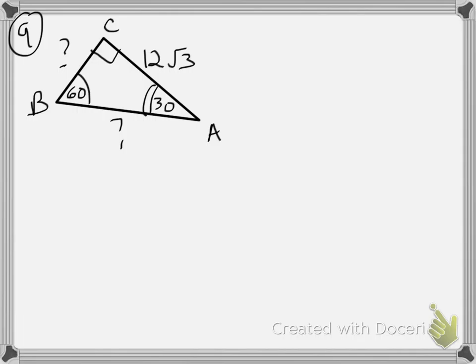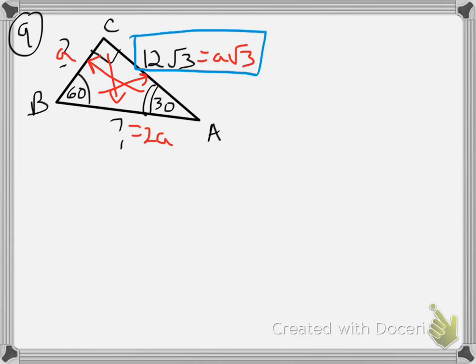Across from 30 is little a. Across from 60 is a root 3. And across from 90 is 2a. Okay, so which one do we know? Well, we know this right now. So if we solve this here, I'm going to divide both sides by root 3.